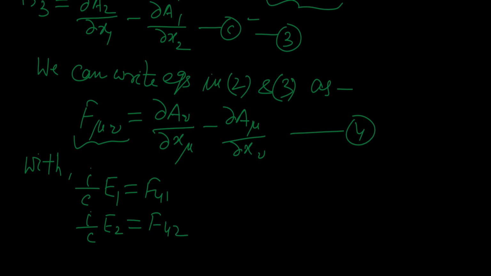And i over c E3 will be F43. Similarly, from equation 3 you will get that F12, that is when mu is 1 and nu is 2, represents B3.